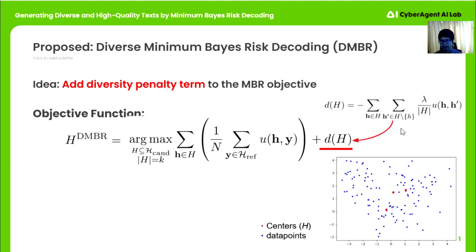In the paper, we use this as the diversity term, which is normalized to the size of the MBR objective. We haven't actually tried any other diversity metrics, so that is going to be future work.